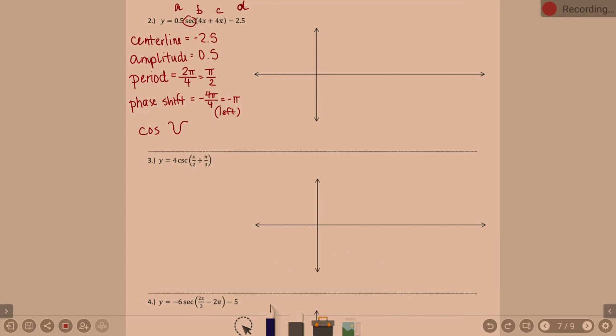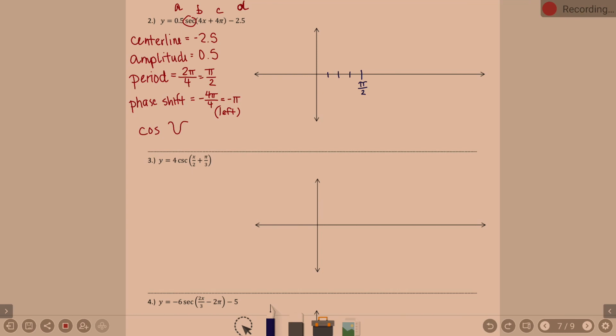Okay, so if we think pi over 2, and I'm going to make this small because here's the deal, we have to go pi left, okay? So my period, if it's pi over 2, here's pi over 2. One period has to be broken into 4 pieces, right? So I'm going to take 0 to pi over 2 and break it into fourths.